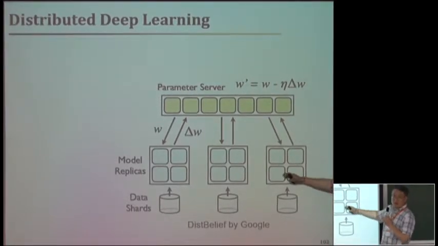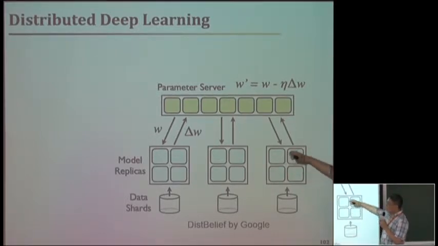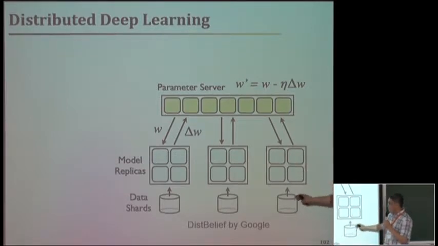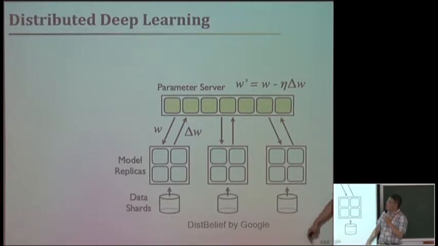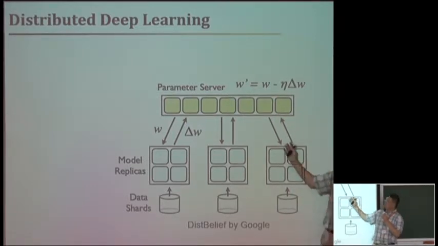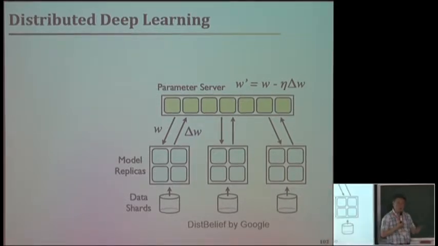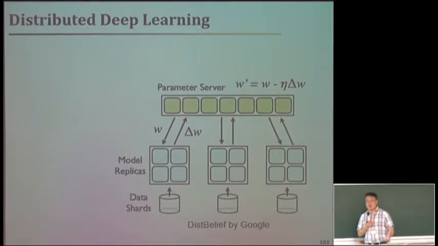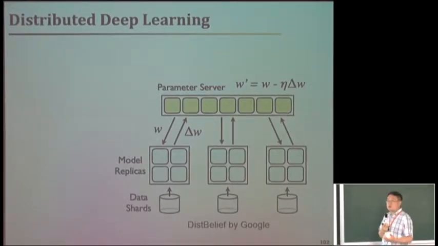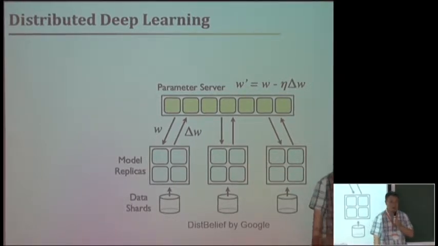Okay, so let's go back to revisit the parameter story here. So we have nodes, and each worker actually has a replica of the deep learning model, and we have a batch which is applied on these models. Then we train these models, we generate some gradients, send to the parameter servers, and the parameter servers receive all these gradients, and they do the average to compute the gradients, and send back to all the models to update their gradients.